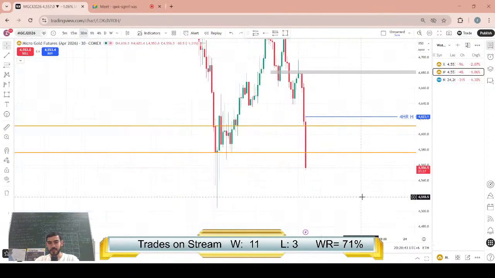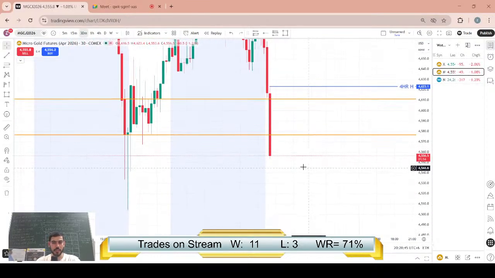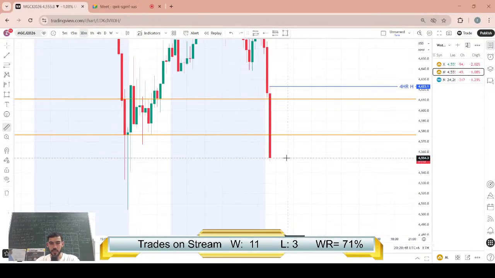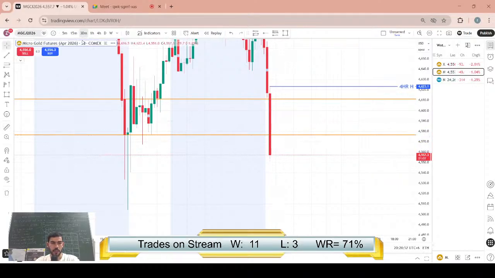Alright, 2 minutes left for this candle. I hope it leaves a wick at least, so we can put our stops to break even on the wick. Wow. Yeah, let's see.